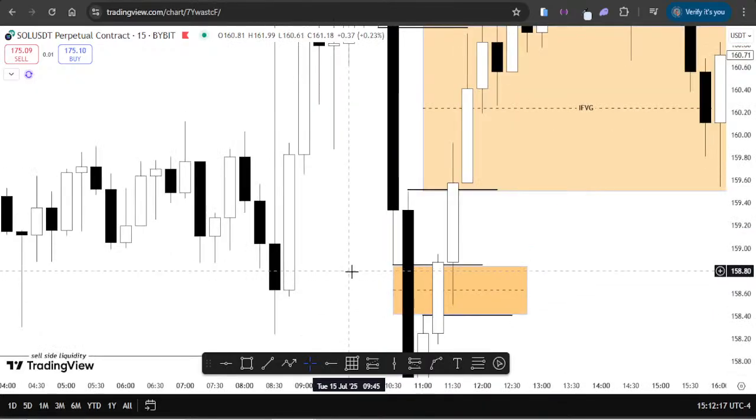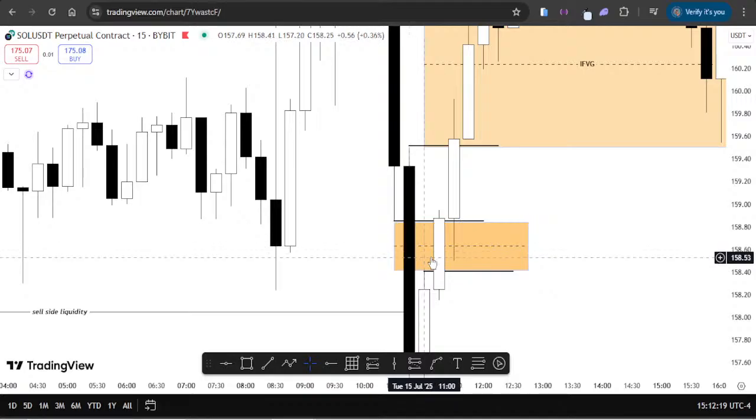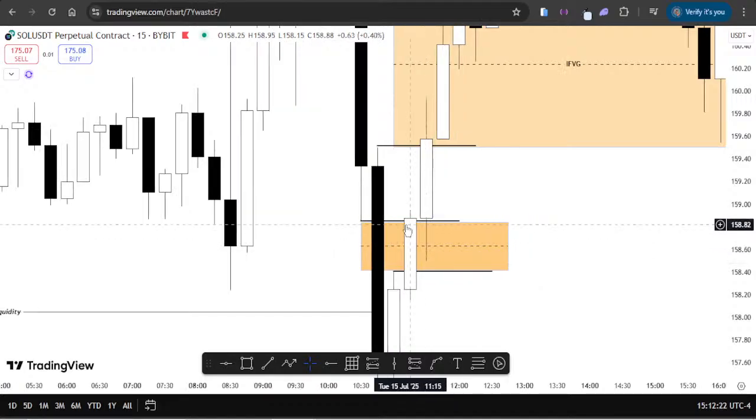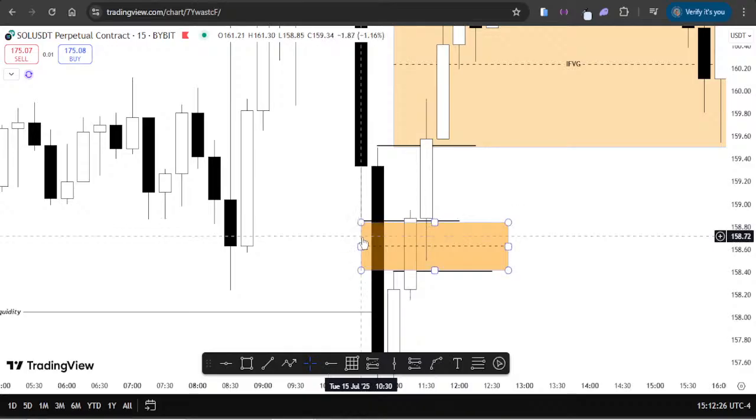This was a fair value gap, but once price closed above this candle here, this is the low of this fair value gap, and we have the low coming in at 158.85.